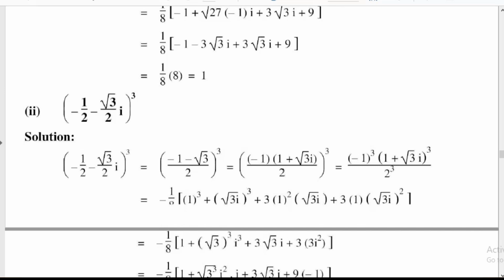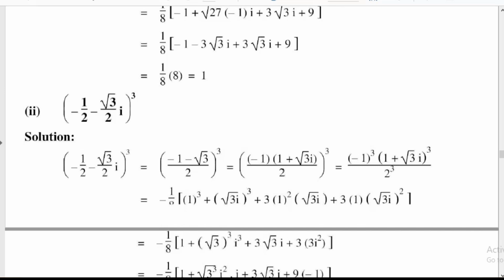So opening the formula, (1 + √3 i) whole cube is equal to 1 cube plus (√3 i) whole cube plus 3 into 1 square into √3 i plus 3 into 1 into (√3 i) whole square.